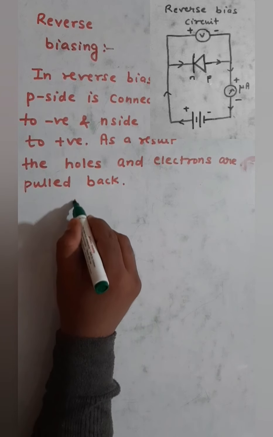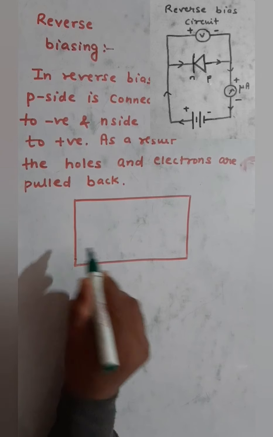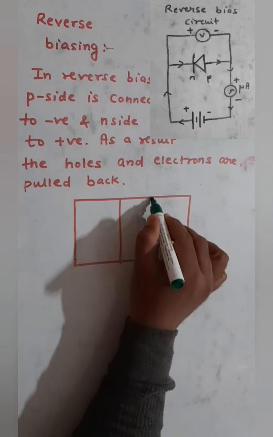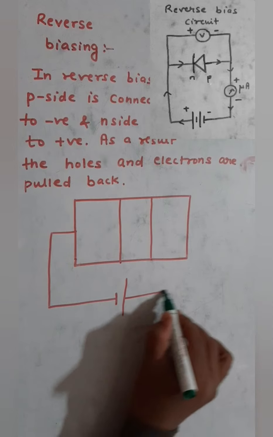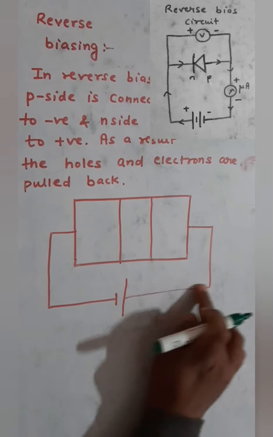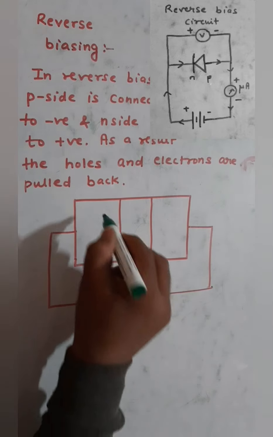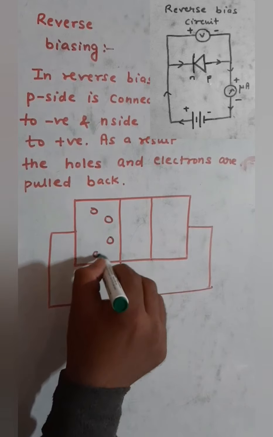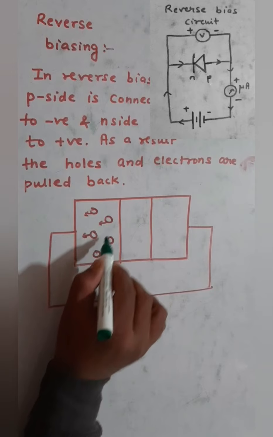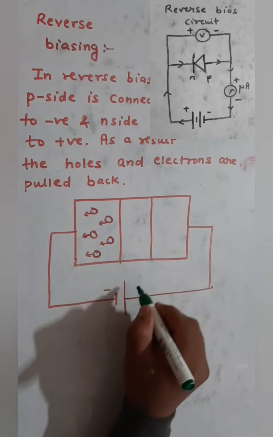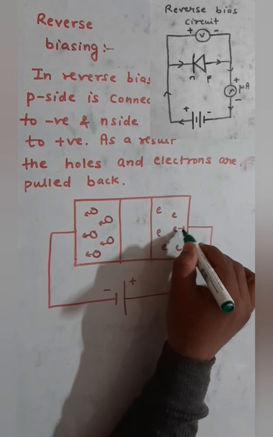If we take up the case of a reverse bias diode like this, when you connect this P side to negative and this N side to positive, these holes will be pulled back by the negative terminal, because holes are positively charged, so negative polarity will pull them back, and similarly the positive polarity will pull back the electrons.